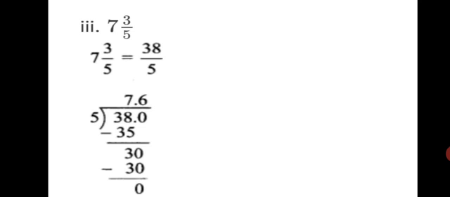So this is again a decimal form of a rational number in the form of a terminating decimal, where the remainder is 0, and your answer is 7.6. So 7 3 upon 5 is equal to 7.6. So simple division we have carried out.